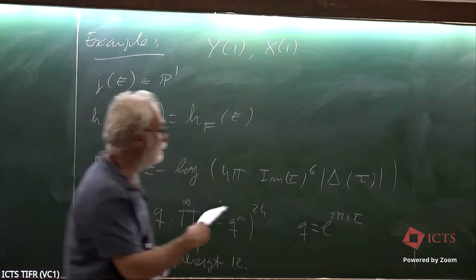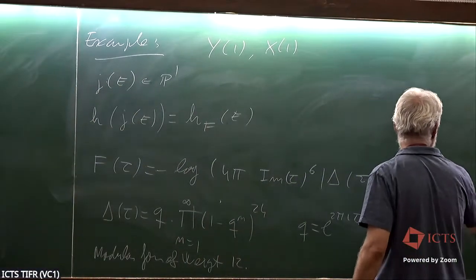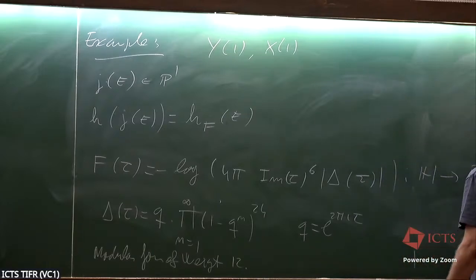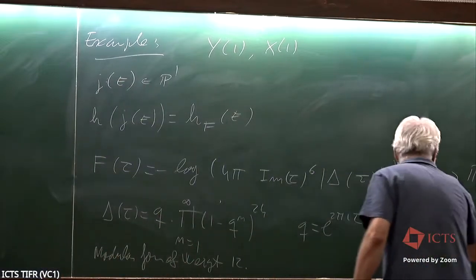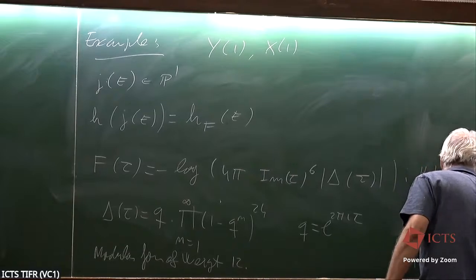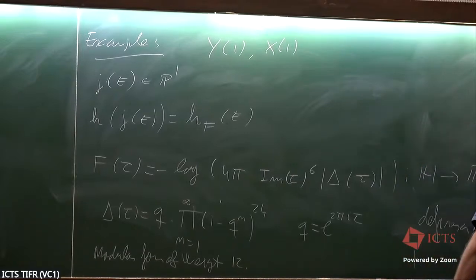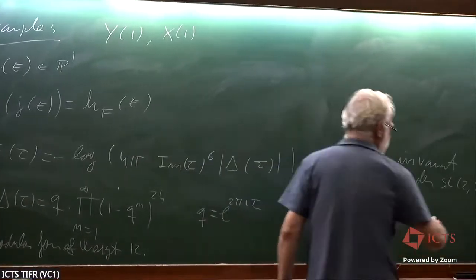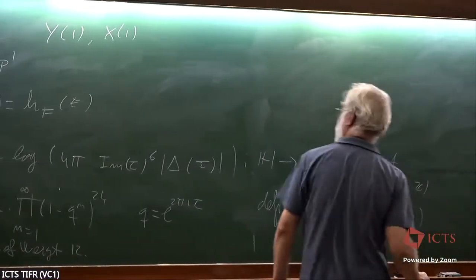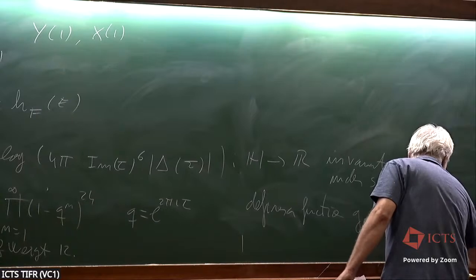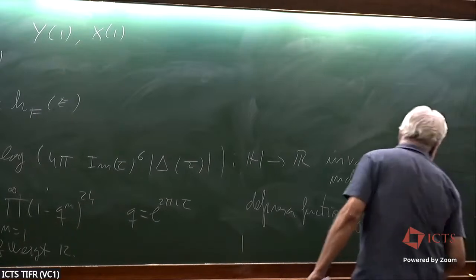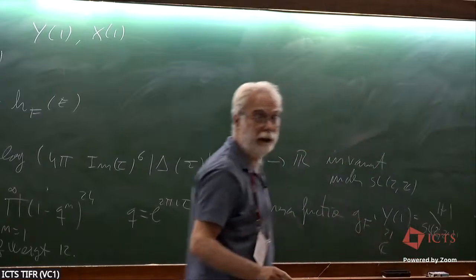So this is a function that goes from the upper half plane to the real numbers, and is invariant under SL2 Z. Since it is invariant under SL2 Z, it defines a function, let's call it G_F, G of Faltings, from Y1, which is just the upper half plane divided by SL2 Z, and that I can identify with C if I forget the orbifold structure.